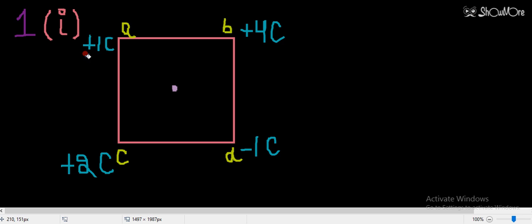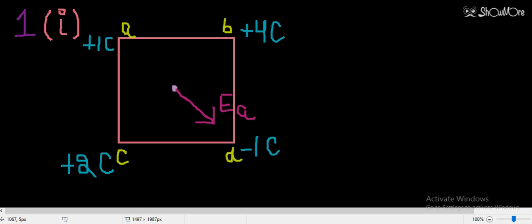First of all, I will talk about this plus 1 coulomb charge. If I place a positive test charge here, then the direction of electric field will be in this direction. I hope you can easily understand. Positive charge will repel the positive test charge, so the direction of electric field will be in this direction. I am representing it as EA, which means electric field due to charge A.